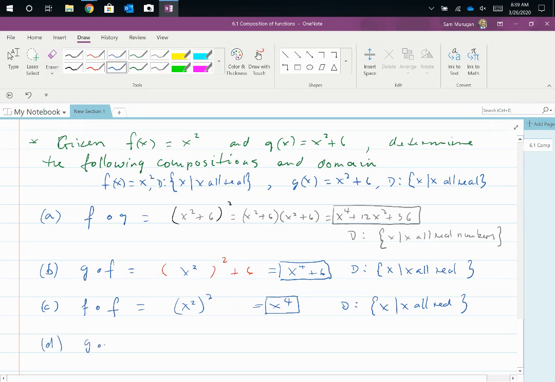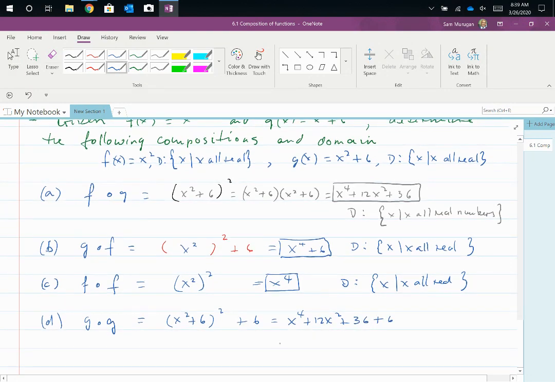And the g function composed of itself, which is the g function here, x squared plus 6. Now we've already worked out x squared plus 6 squared, which is in part A. So this is x to the 4th power plus 12x squared plus 36 plus 6.